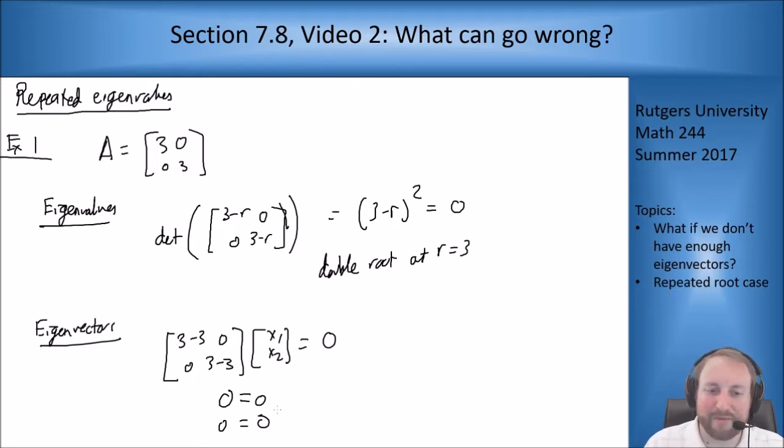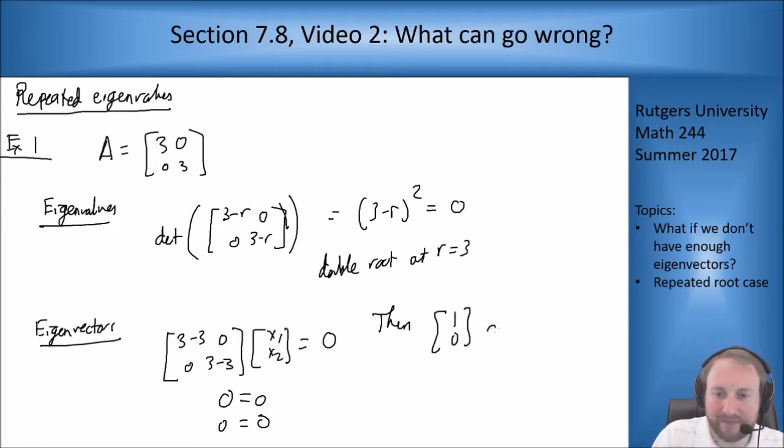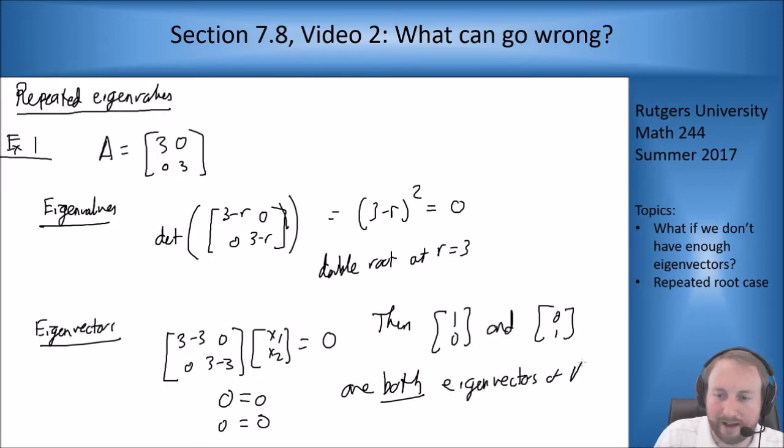That means I have no conditions on x1 or x2, so any vector I want will be an eigenvector for this matrix. So I can say the vectors 1, 0 and 0, 1 are both eigenvectors of A with eigenvalue 3.